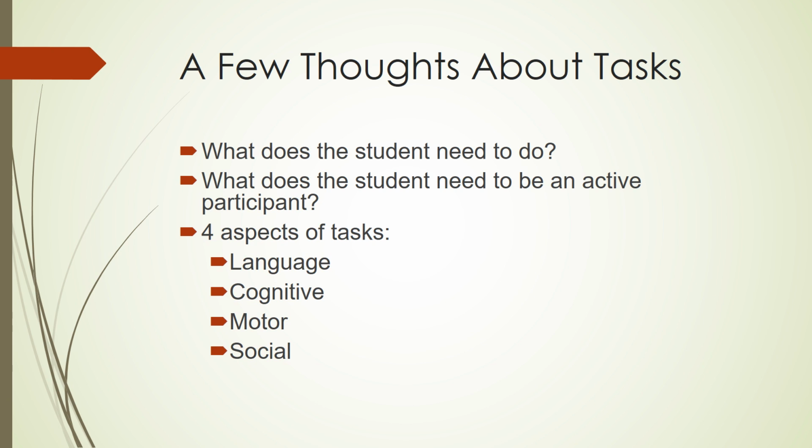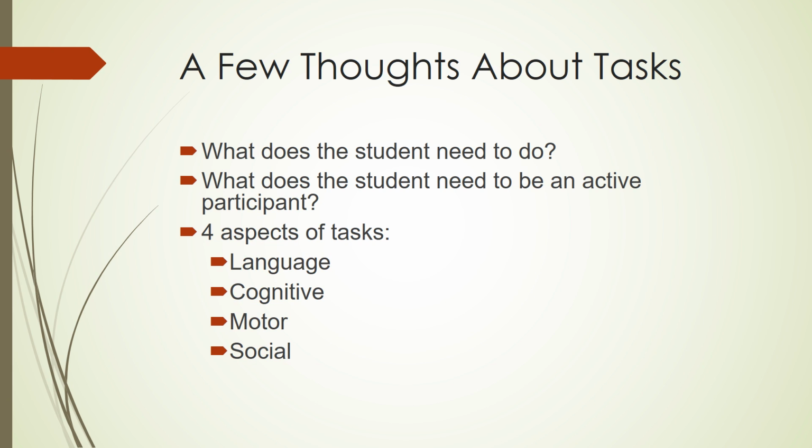So let's think about the musical chairs example. If we all are familiar with musical chairs, we might have 12 chairs around a circle and we play some music. The first idea is that all of the students are able-bodied and can do it with no accommodation. But what if we add a student who is deaf to the situation? Can that student take part?